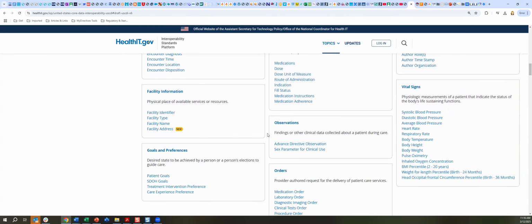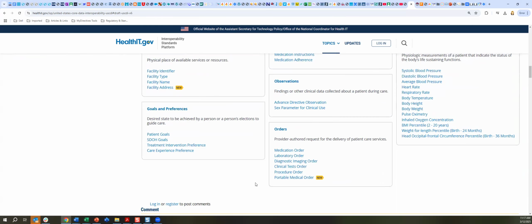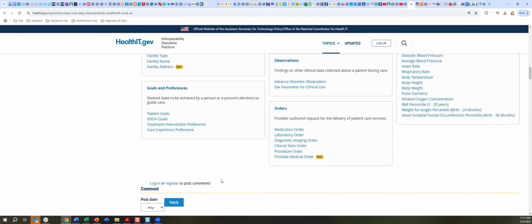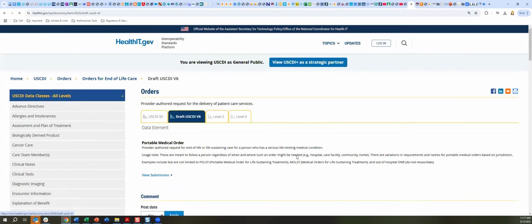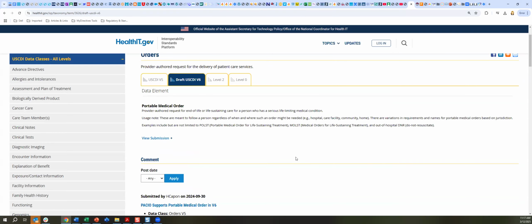I received a lot of calls and a lot of feedback in the data class of orders. And there were some things that were discussed. And they said, so we see this portable medical order data element. And we see that it is described currently to be a provider authored request for end of life or life sustaining care for a person who has a serious life limiting medical condition.